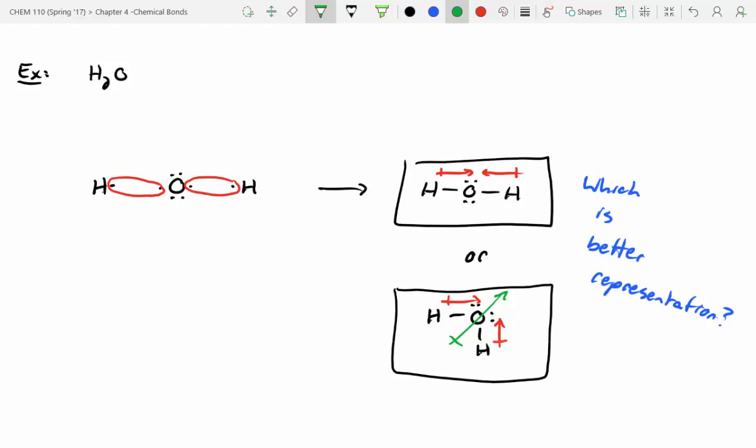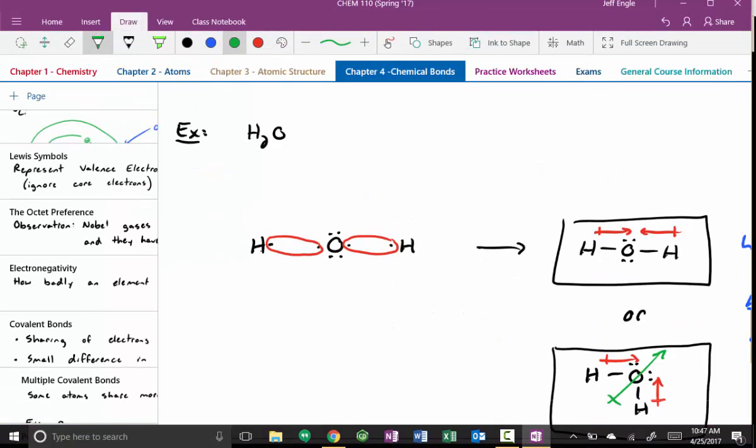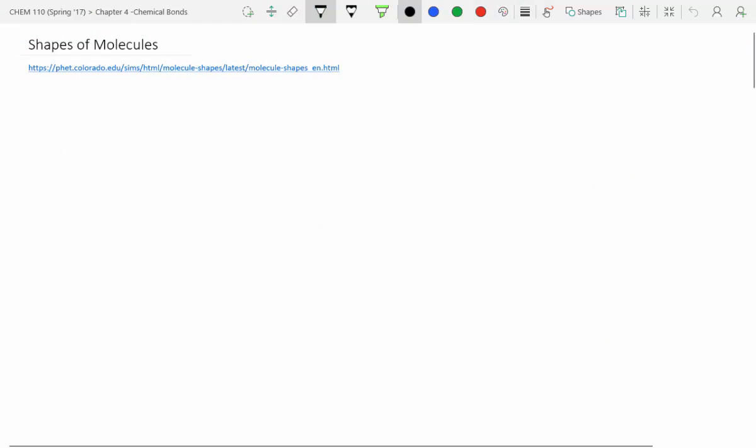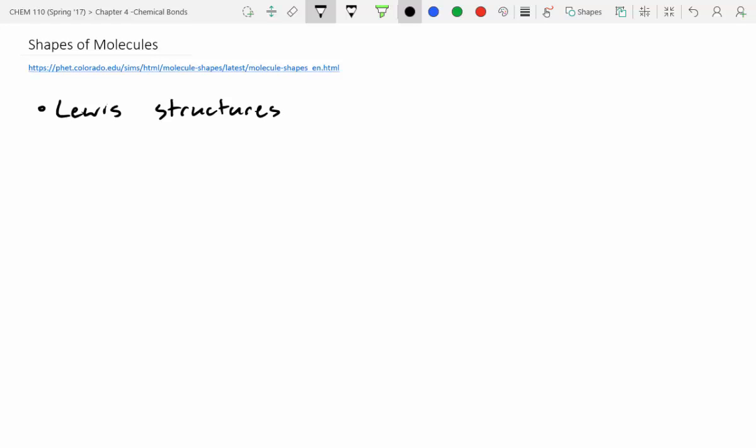But it's not super intuitive, and we actually have to practice this a fair amount. And that leads to the next topic of VSEPR theory. So the first thing I wanted to talk about was that Lewis structures don't describe shape very well.